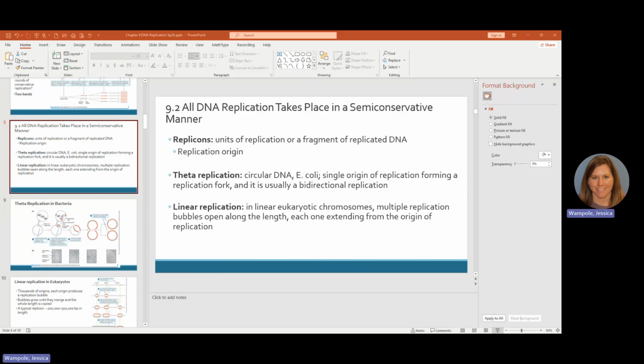Okay. So a couple of new terms, or more new terms. This is leading and lagging. So our leading strand is the strand that is undergoing continuous replication from the origin towards the replication fork.